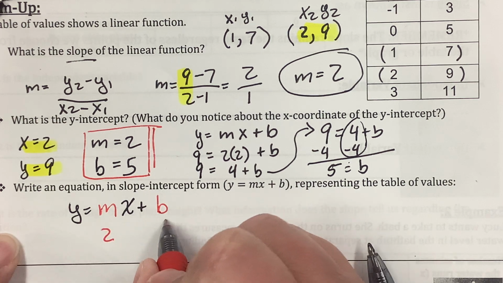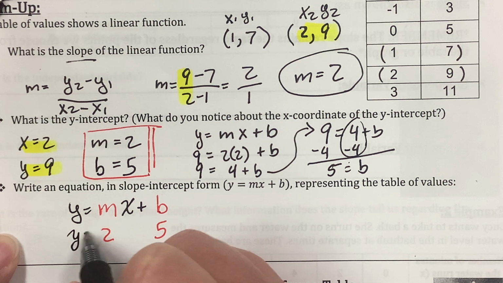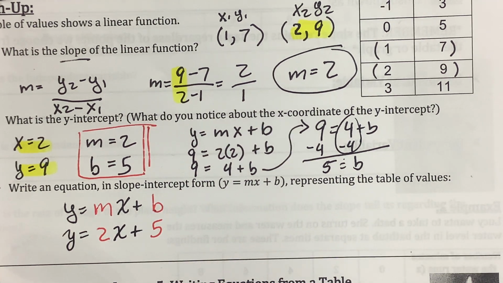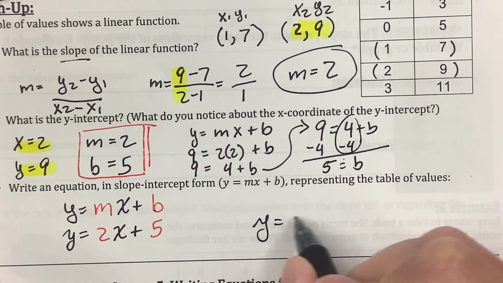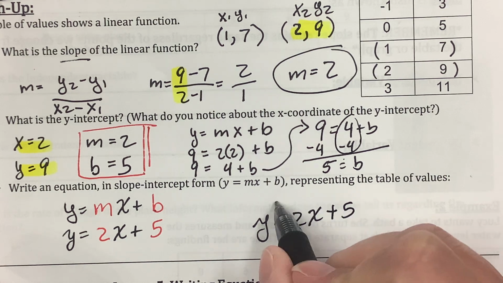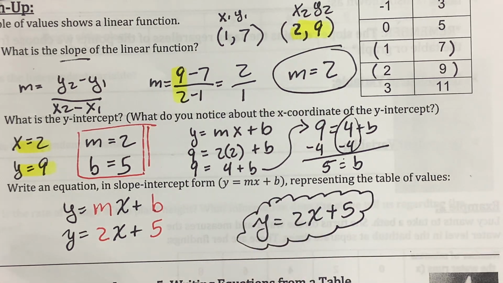And the rest of it stays exactly the same. y equals 2x plus 5. So this, y equals 2x plus 5, is the equation from that table.